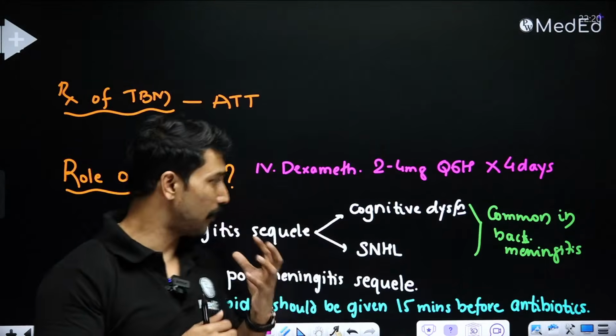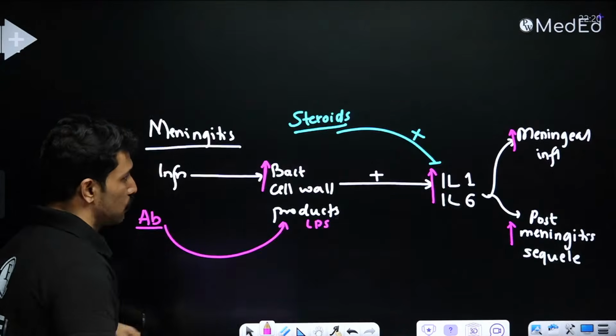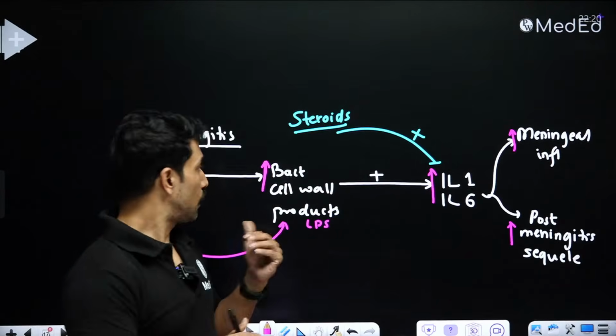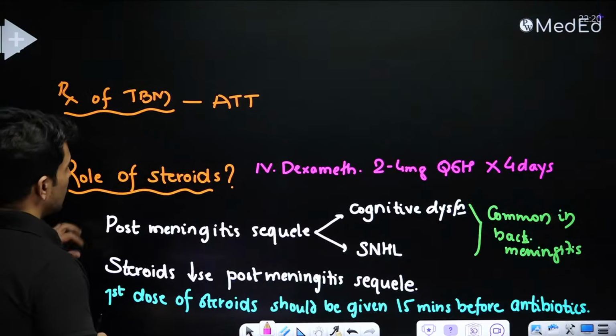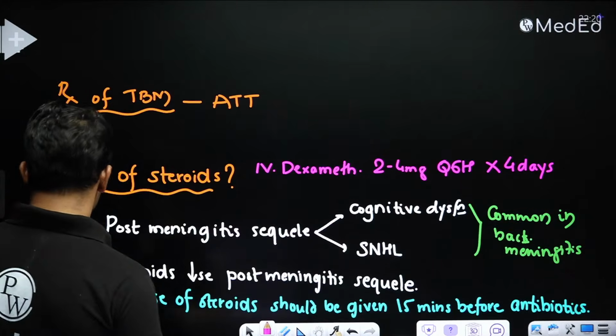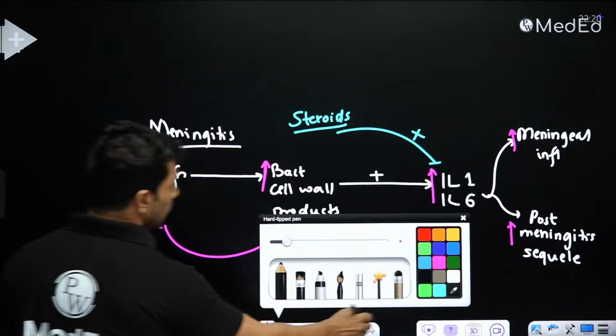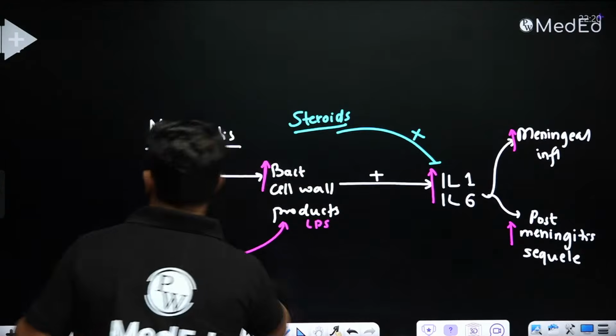During this time is where maximum immune mediated damage to our own neurons happens, right? So another thing that I wanted to know here is that the steroids are useful not only for the bacterial but also for tubercular meningitis.